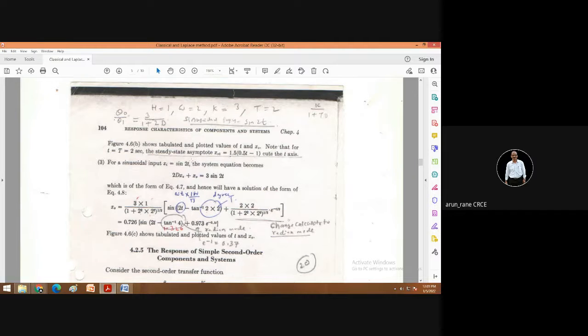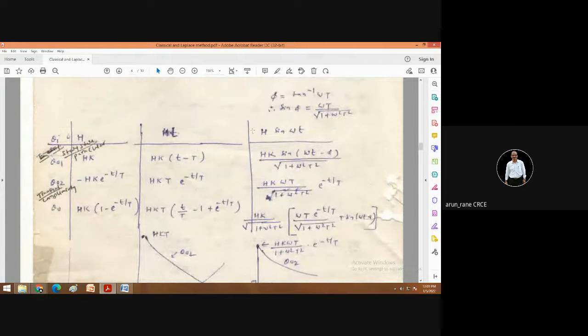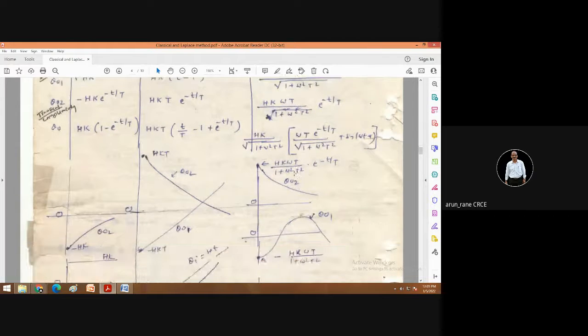And what about h and omega? That depends upon the input. Now suppose the input is given as sine of 2t. What is my sinusoidal input? My sinusoidal input is nothing but h sine omega t. Remember this, h sine of omega t.